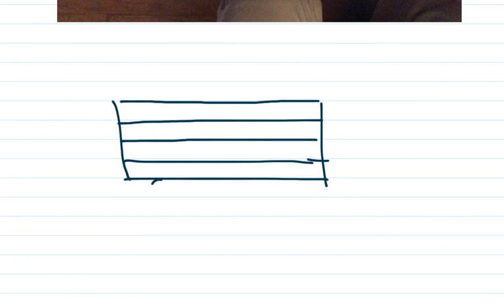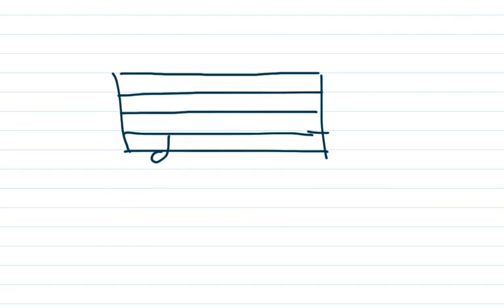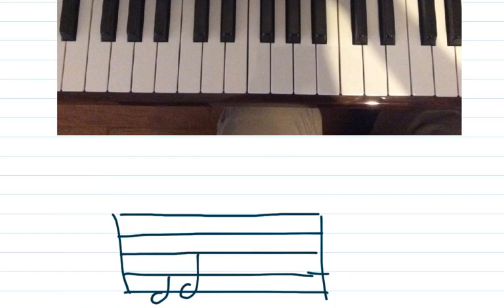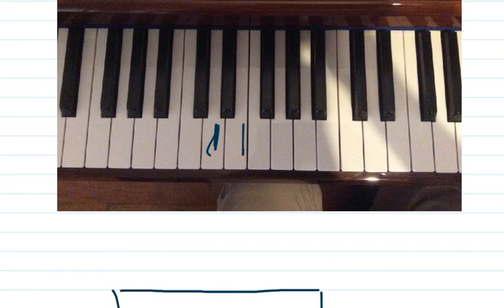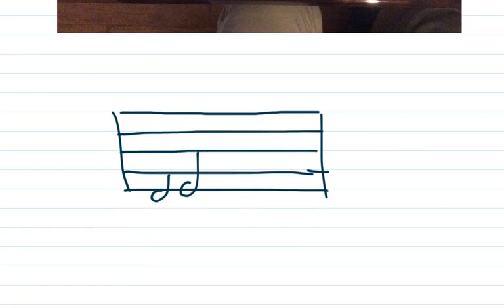Anyway, this is a D, correct? This is an E. D to E is called a major second because it's 2 half steps. 1, 2. 2 half steps, as you can see.